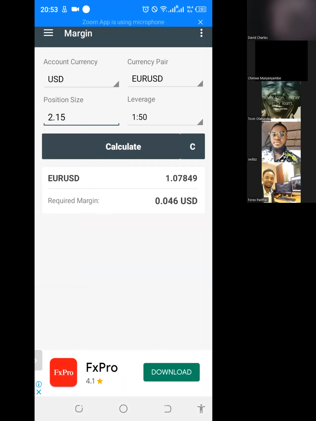Can you see it there? So this is how much you need on each position. This is the required margin.